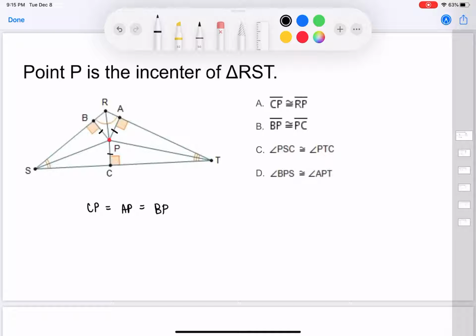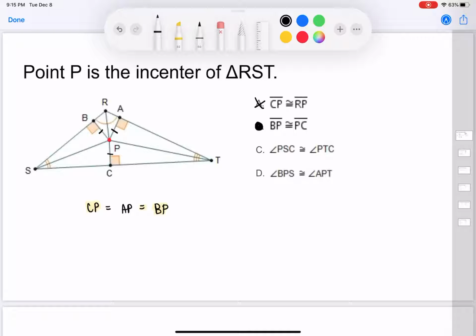So that doesn't include RP, so we can go ahead and cancel that one out. CP, or BP, is congruent to BC, or CP. Well, that's something that I concluded from here, right? BP is congruent to CP. So I can go ahead and select that answer. But let's look at the other answer choices just to be sure.